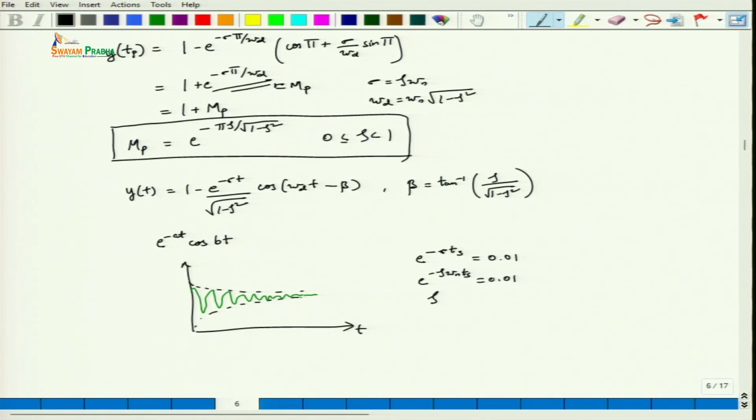Based on that, we can take the natural log on both sides. We get negative natural log of 0.01 to be 4.6, and based on that we can find the settling time in terms of the parameters. So, Ts is 4.6 divided by sigma.